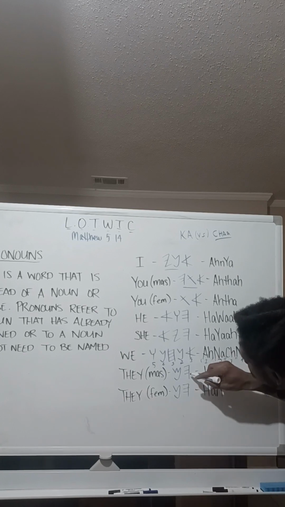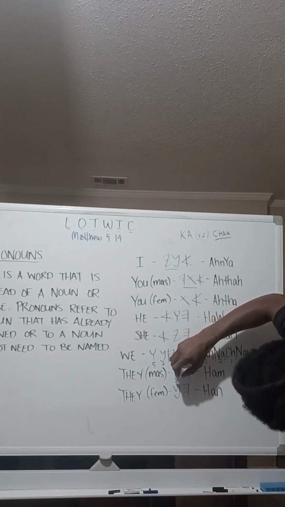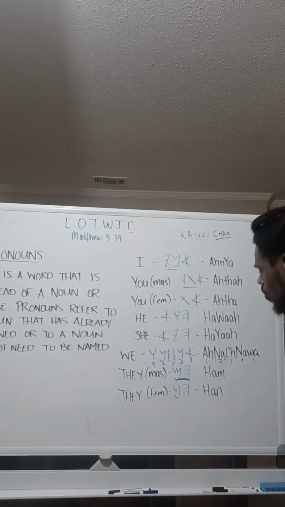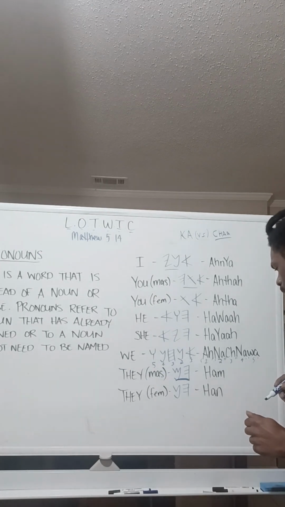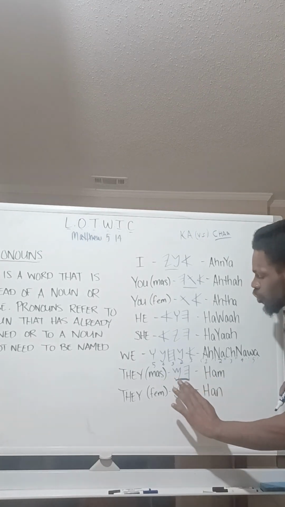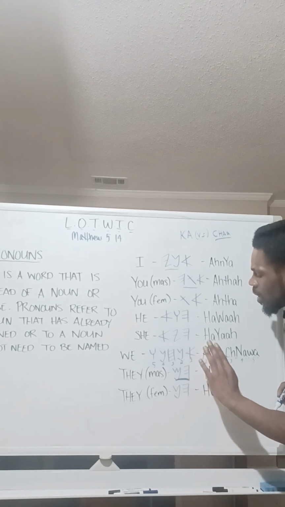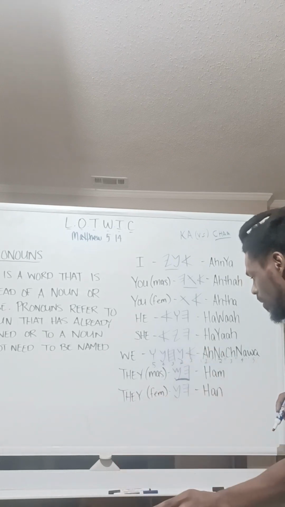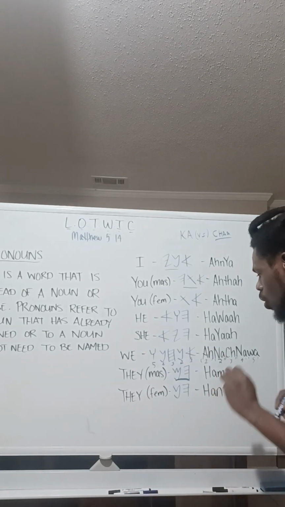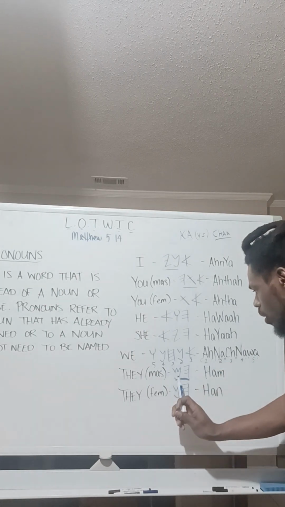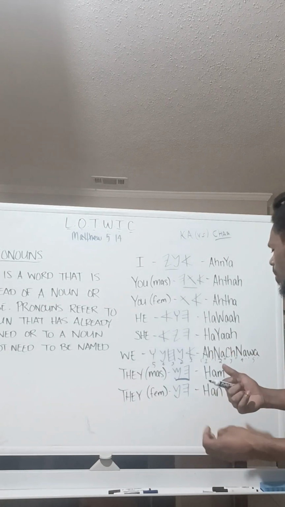So this letter is ha, and this is ma. So ham. We're gonna enjoin those two. If it wasn't enjoined, it would be ha ma. So once we enjoin those two, it's ham.